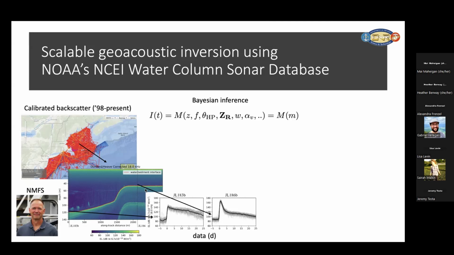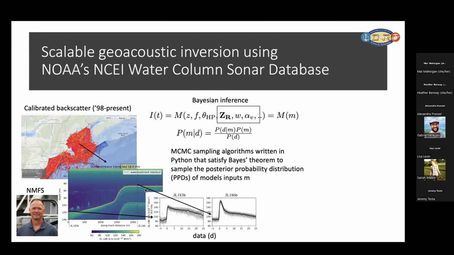We're using a Bayesian framework, so it's a very honest way to invert for data, because if there's no information content in the data, it will reflect in your posterior probability distribution. So you'll get probability distributions for all of your inverted input parameters, which are these, right?